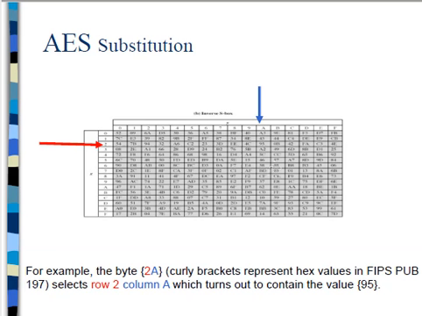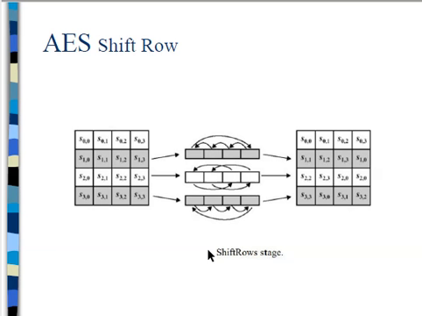And similarly, the intersection is equal to the value 9, 5. There is some discussion about how we build this S-box and its inverse, which is beyond our discussion.